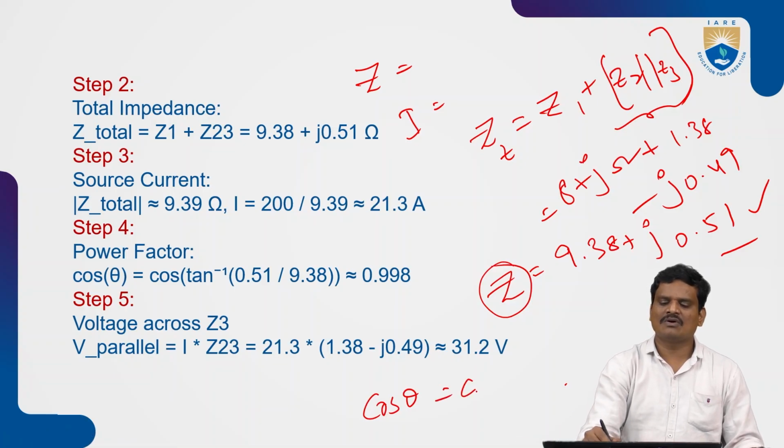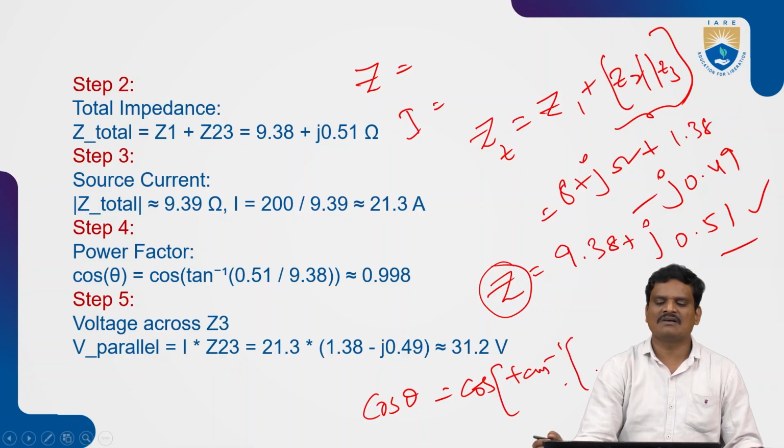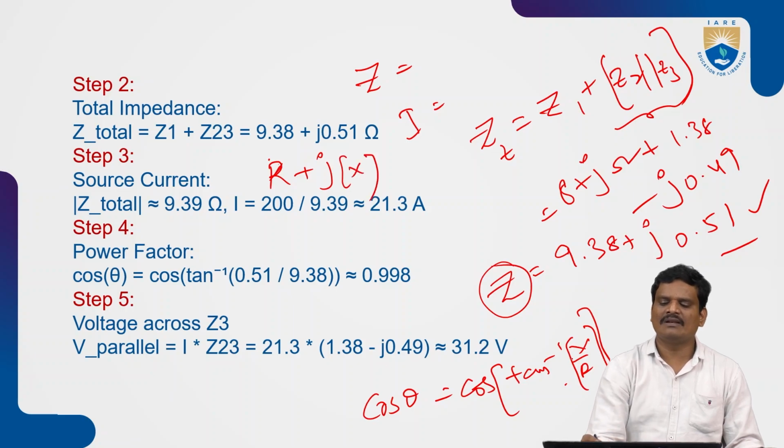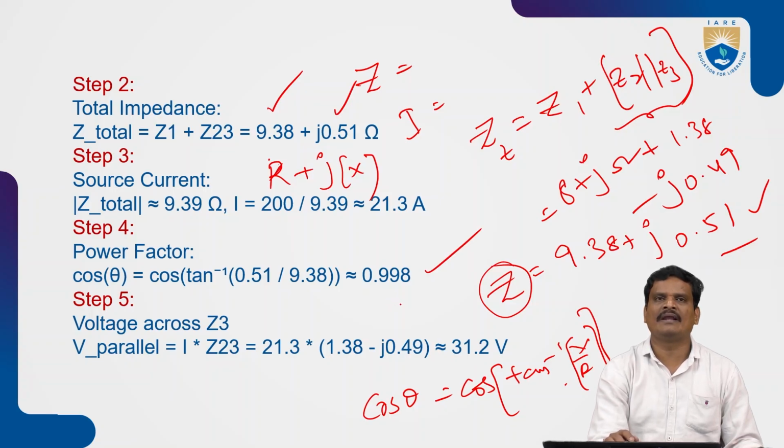Theta in general is represented as tan inverse of XL by R, or else it can be written as tan inverse of X by R. In general the impedance is considered as R plus JX. You know the value of X already, which is 0.51, and the value of R, which is given as 9.38. By taking these values, you will get the value of power factor as 0.998.